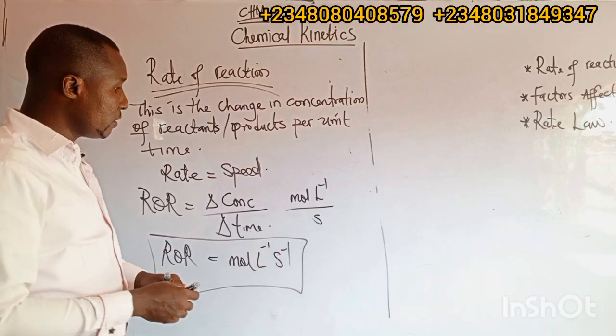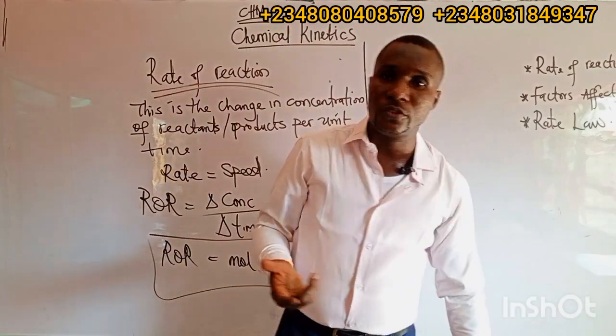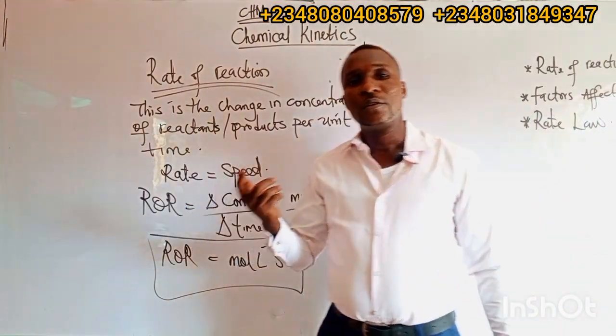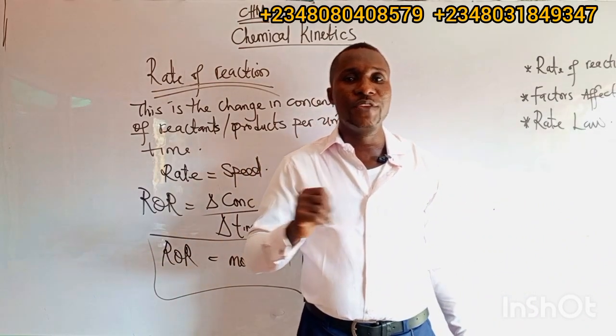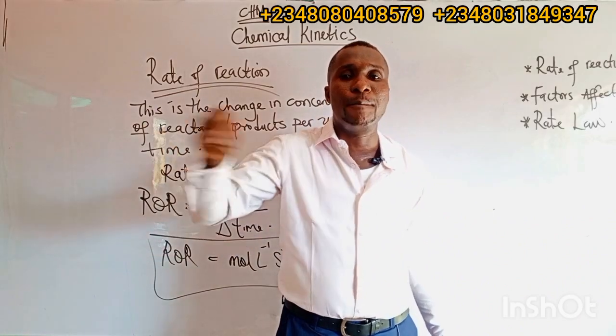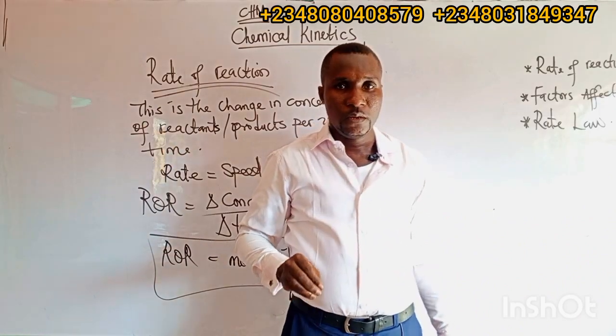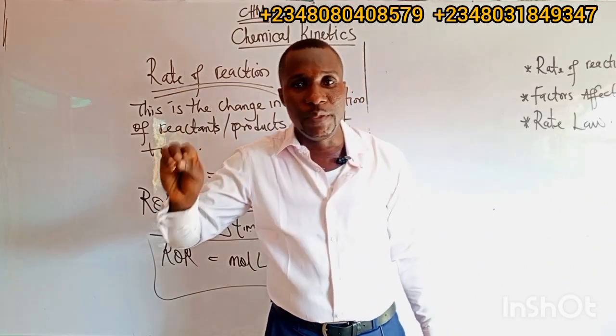Take note of that. Then before we move further, we shall discuss these reactions. Under rate of reaction, there are particular reactions whose rate we can measure. It's not all reactions that the rate can be measured.